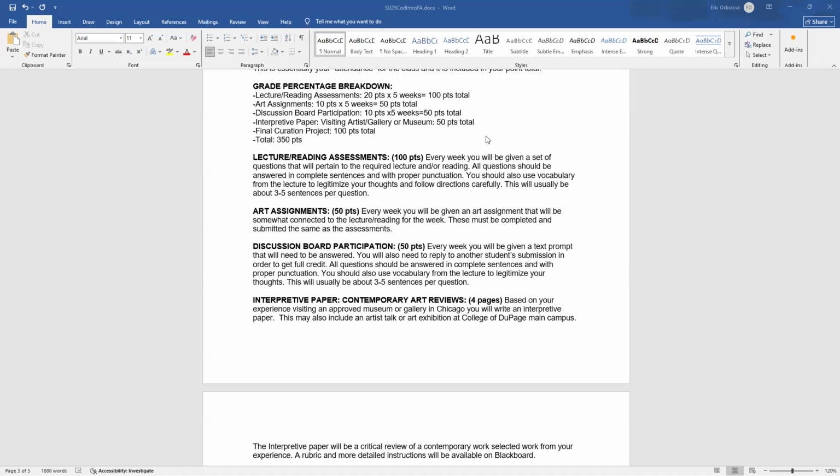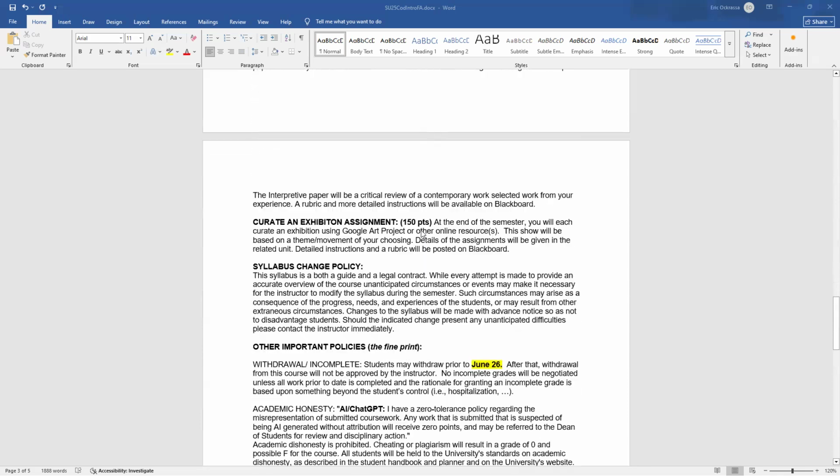We'll talk more about that when we get there. And then the final curation project, where you will actually go to a gallery setting or a museum setting and write an assessment of your experience. Many times COD has exhibitions that you can go to or artist talks. Look forward to more announcements on those for this semester.